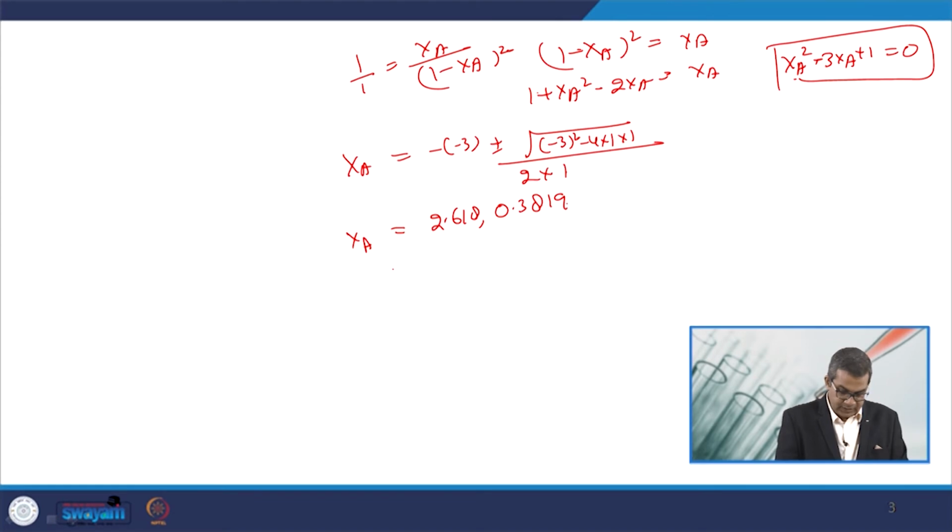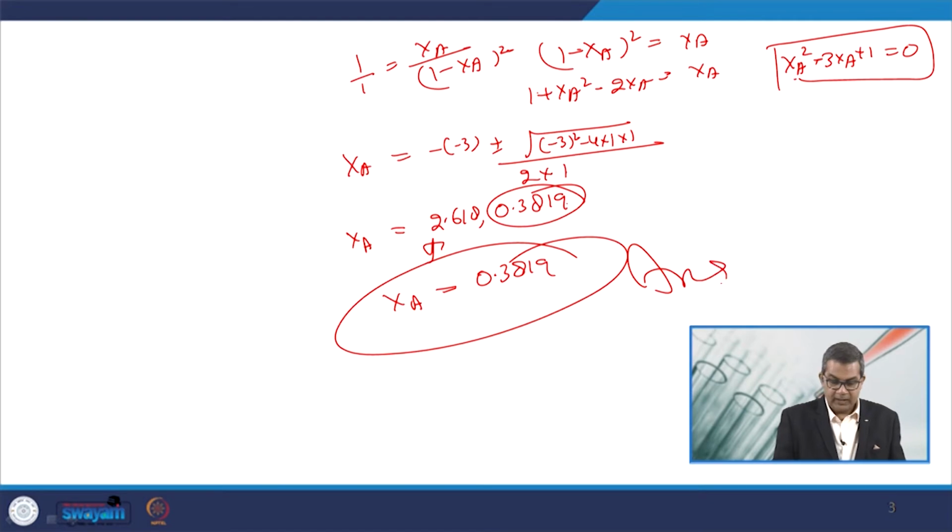In this, one root is more than 1, so the feasible one is Xa equal to 0.3819, and that is my answer. We have nullified the other root just because it is more than 1.